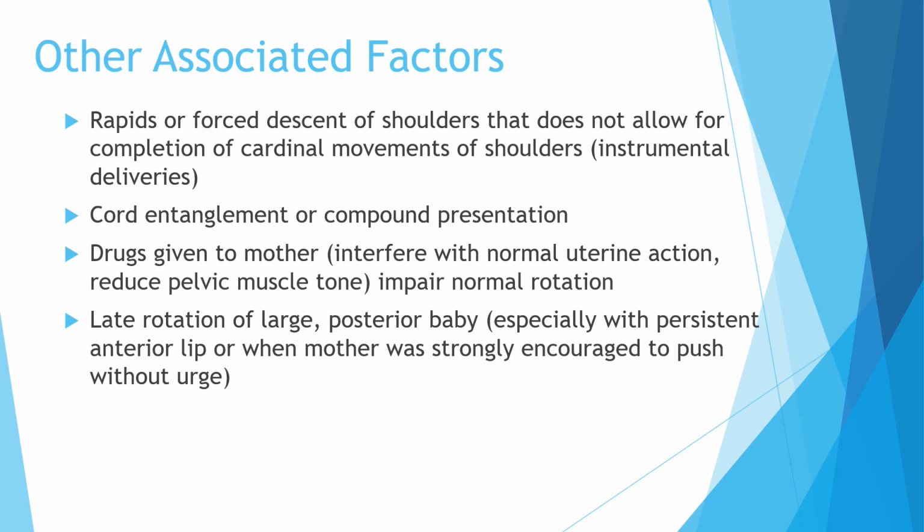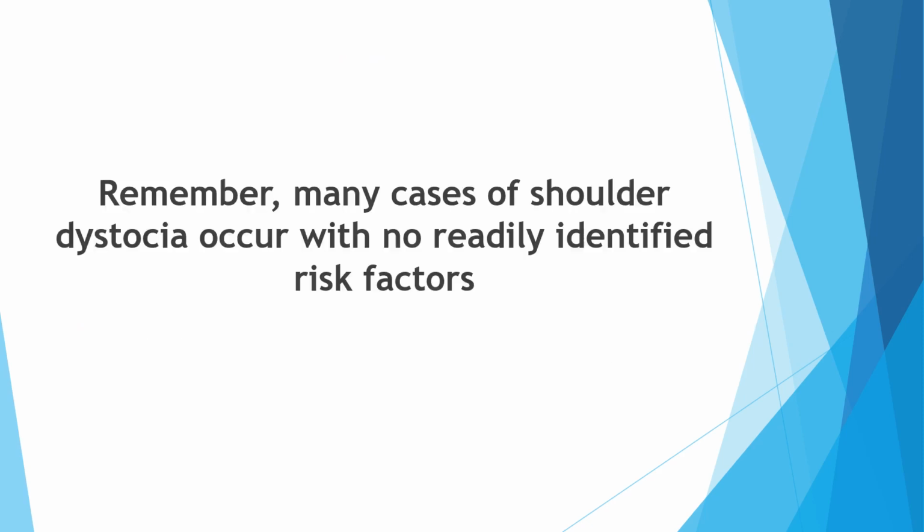Late rotation of a large posterior baby can cause shoulder dystocia, especially if she's encouraged to push when there's just a little bit of cervix left, when there's no urge. We want to wait till moms have that urge and the baby is low enough in the pelvis. It's not based on, oh, she's 10 centimeters, she has an epidural, now it's time to push.